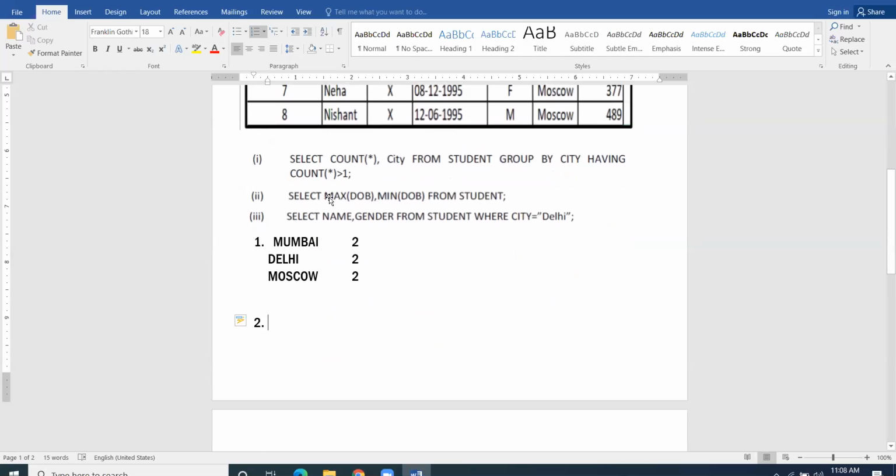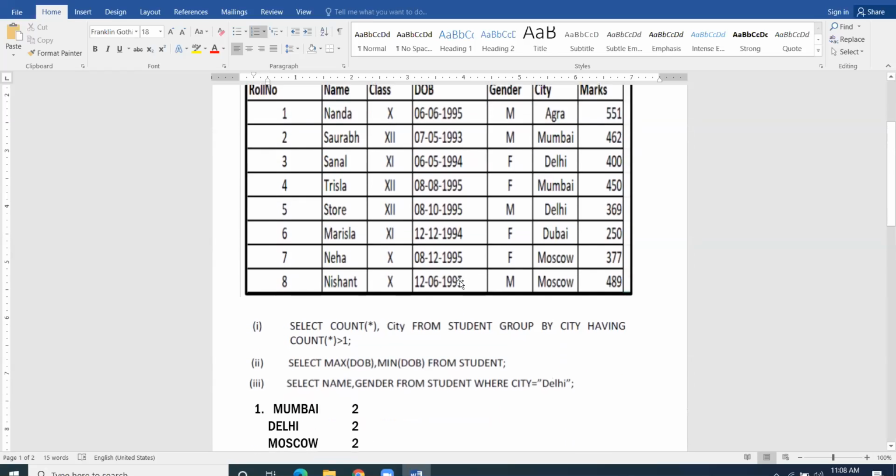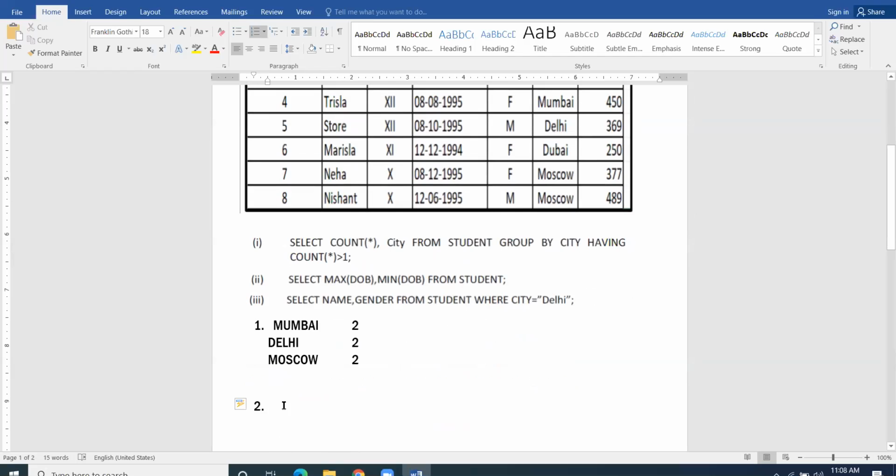Okay, sir. Select max DOB, min DOB from student. You are to find the maximum date of birth and minimum date of birth from the table student. So the highest year is 95, but 95 is coming so many times. So we are to see the month, the highest month, 6th month, 8th month, 10th, 12th. So the 12th month of 1995 with the date 8th is going to be the highest date.